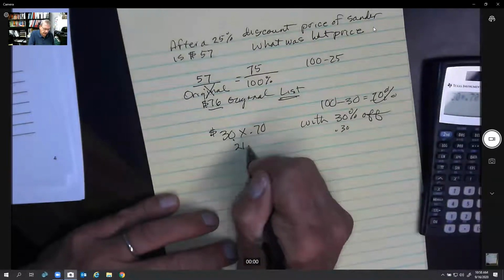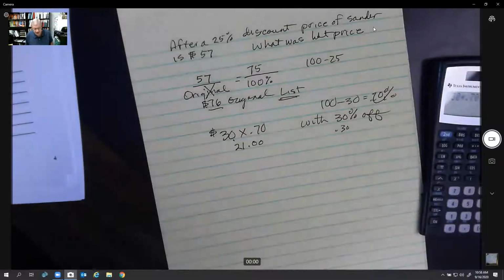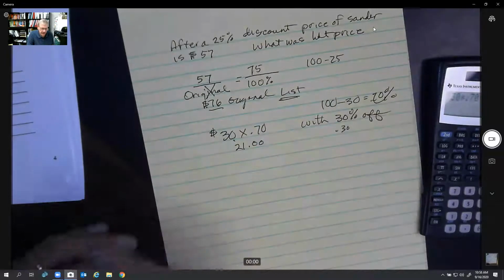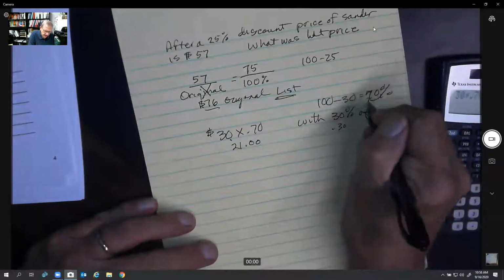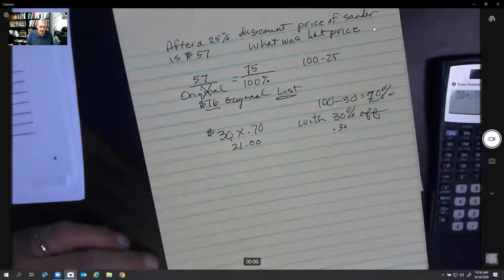You're paying $21 for these pants. See, it's a little bit faster way of doing it. You can subtract off the discount, or you can change the percent by subtracting it from 100. And usually that's a little quicker way of doing it.